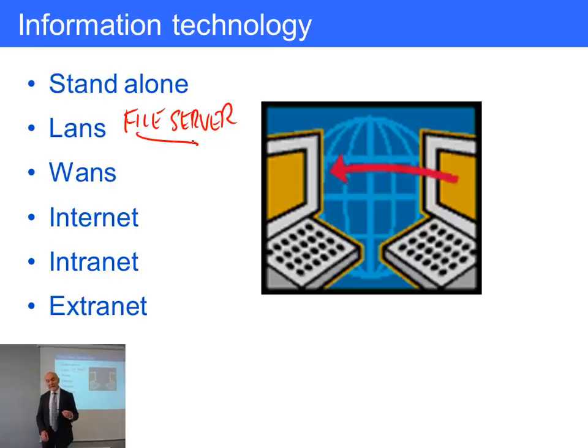A WAN is a wide area network. So a local area network, special wiring. It's usually in a business, perhaps it's around a campus at a university, but it's all very local, low distances. A wide area network allows that to extend, say, between cities.